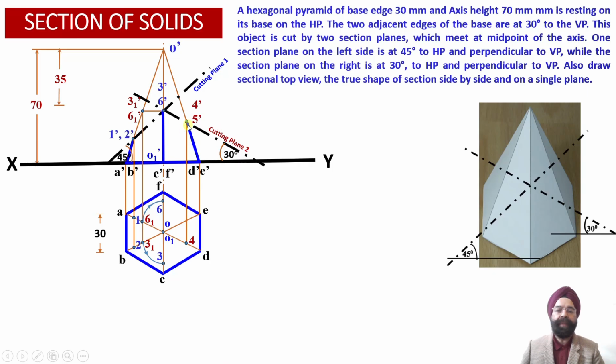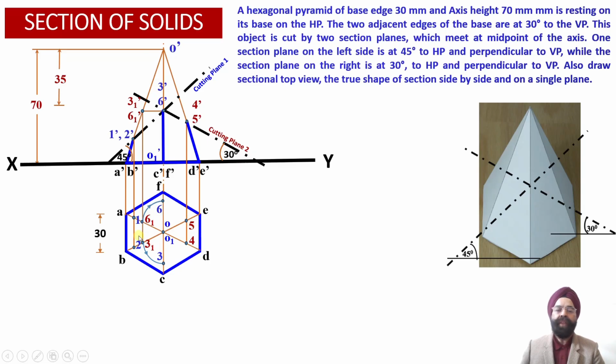Similarly, the vertical projector drawn through the point 5 dash, which lies on the slant generator O dash E dash, intersects the top view projection of the slant generator OE, and we obtain the point number 5.